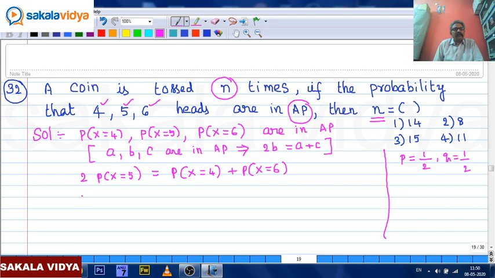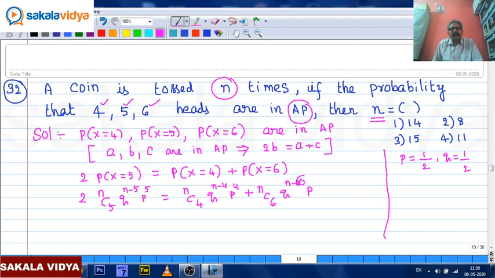Now we can write 2 into nC5 q to the power of n minus 5 p to the power of 5 equals nC4 q to the power of n minus 4 p to the power of 4 plus nC6 q to the power of n minus 6 p to the power of 6.